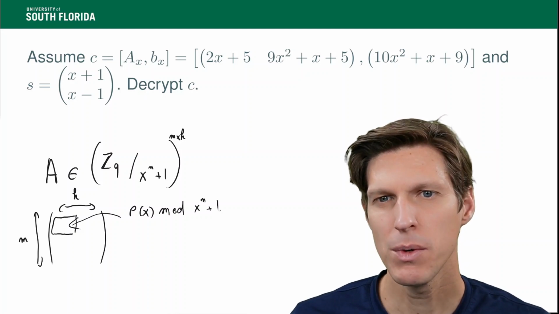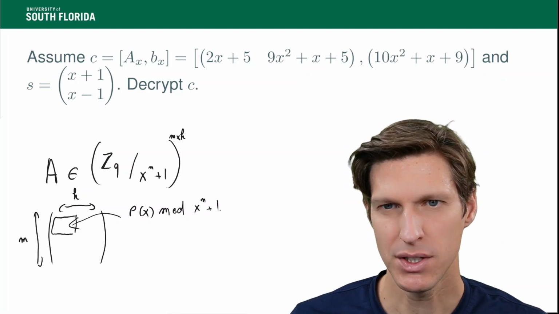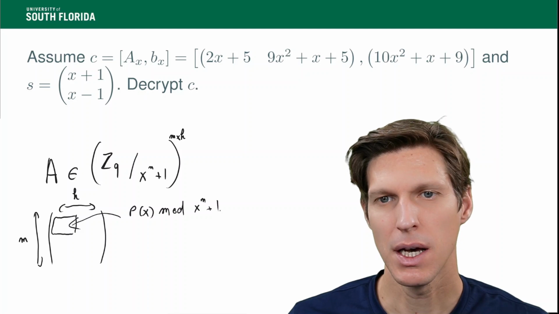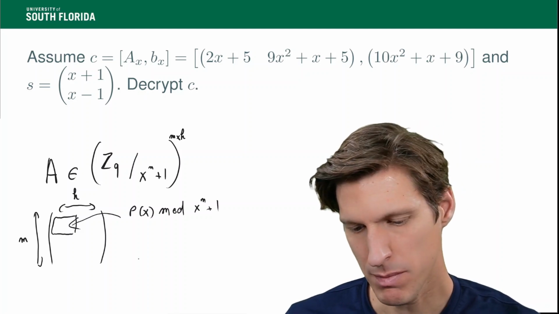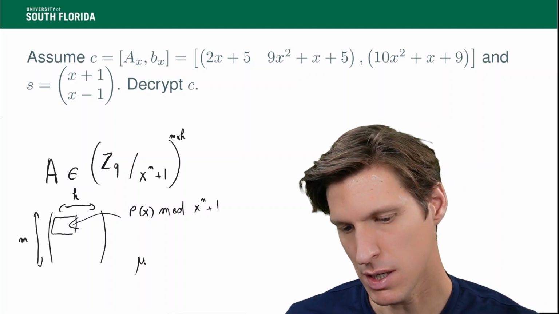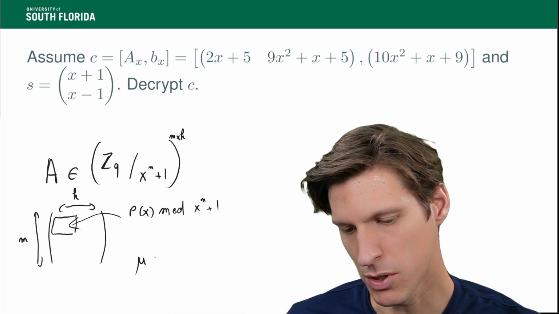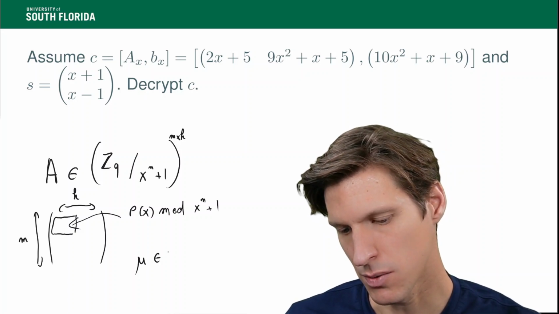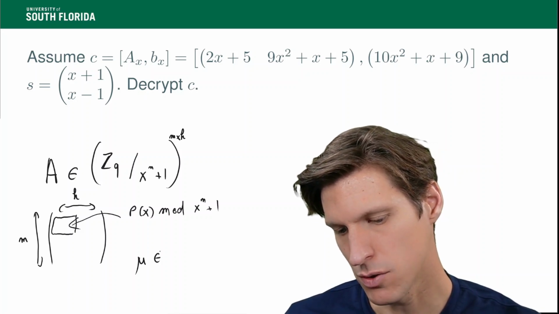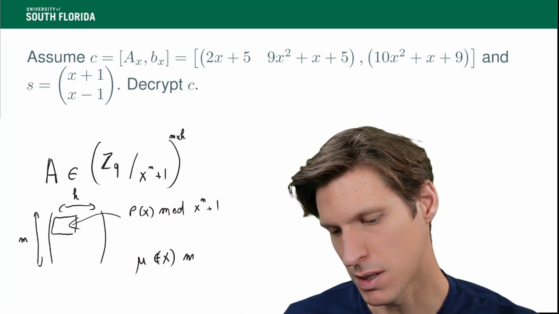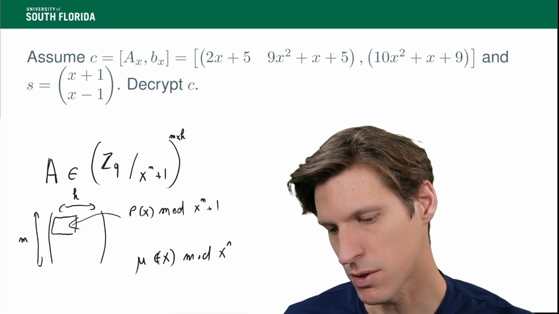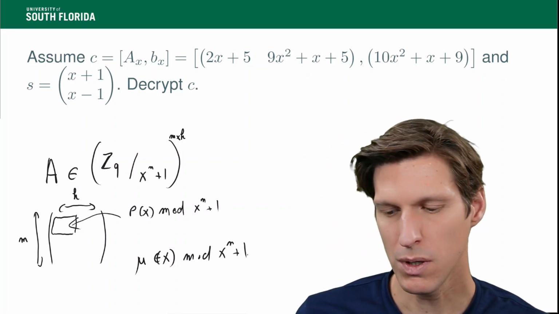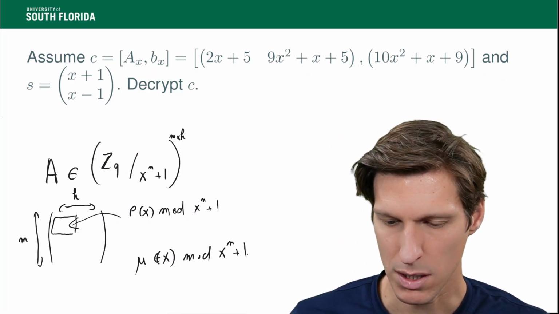So what do we do with this? We take our secret, and assume that we want to encrypt a message that is also going to be a polynomial, so mu(x) mod x^n + 1.